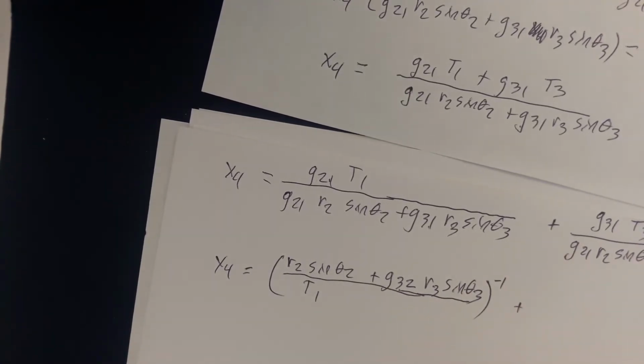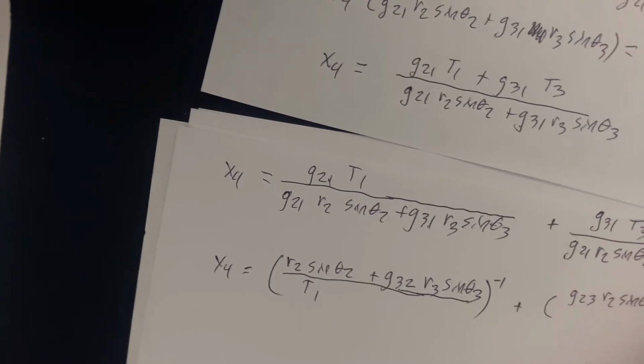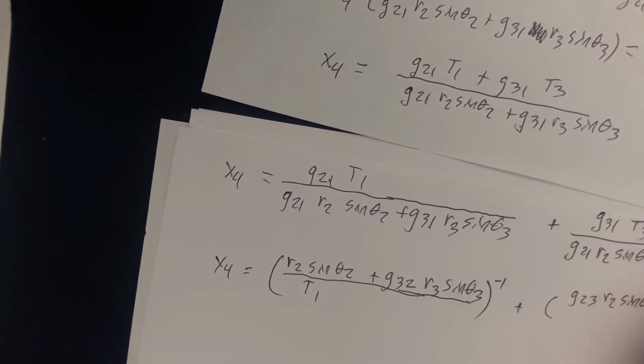Now this one, I'll do the same kind of game, and I'll have g23 r2 sine theta 2 plus, the g31 will cancel when I do the reciprocal, r3 sine theta 3, and all that will be over t3, and it'll be to the -1 power.